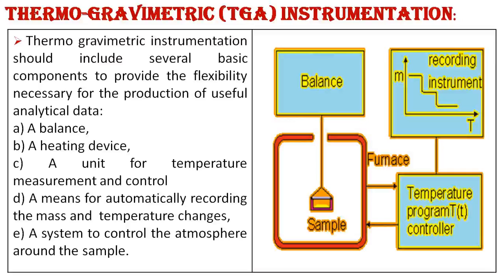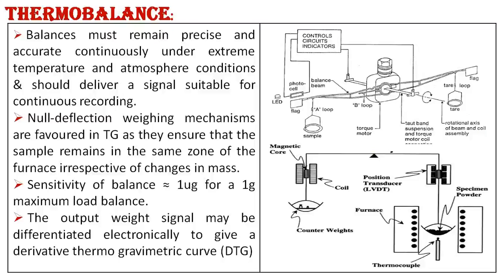First one is the balance, second is the heating device, third one is a unit for temperature measurement or control, a means for automatically recording the mass and temperature change, and last one is a system to control the atmosphere around the sample. Next, starting with the first block, is the thermobalance.